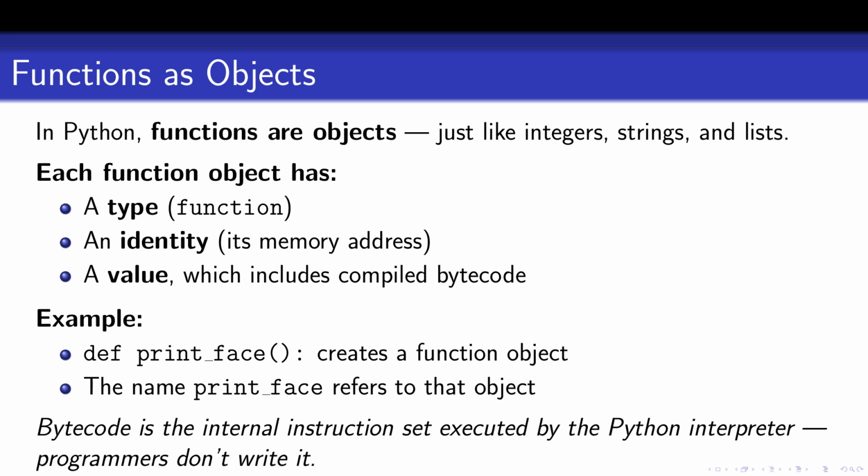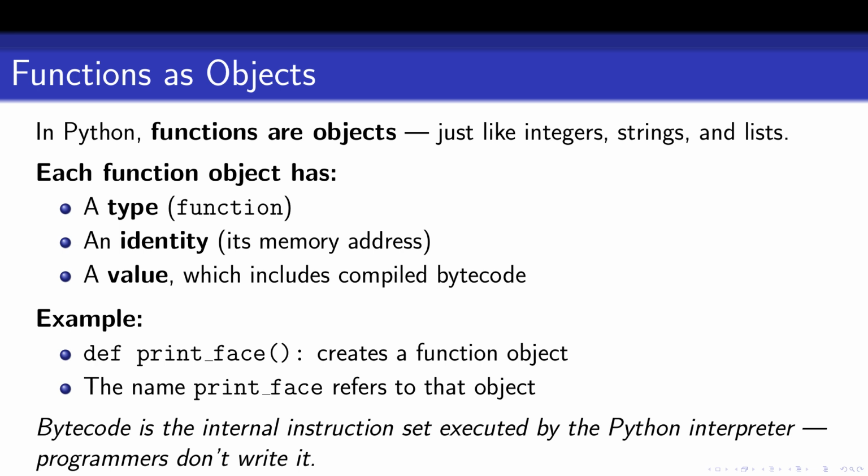In Python, functions are objects, just like strings, integers, or lists. That means they have a type, function, an identity, memory address, and a value. When you write a function using def, you're actually creating an object that can be stored, passed around, or manipulated like any other variable.